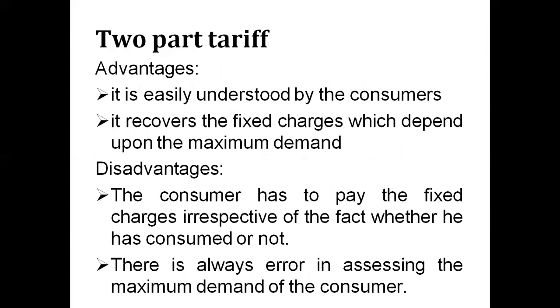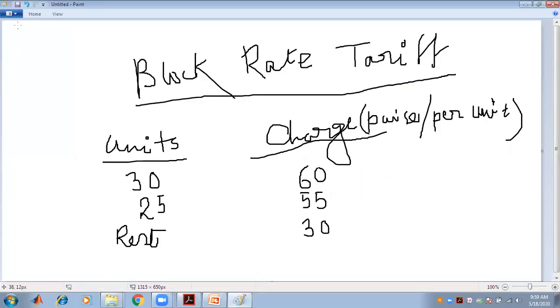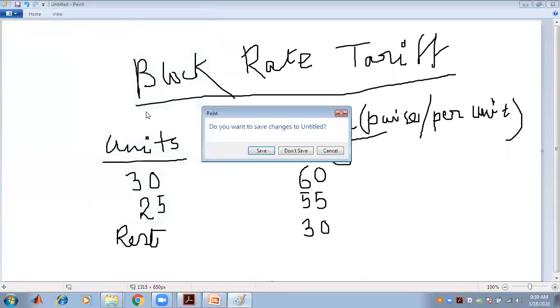So we can write the two-part tariff in that particular way.